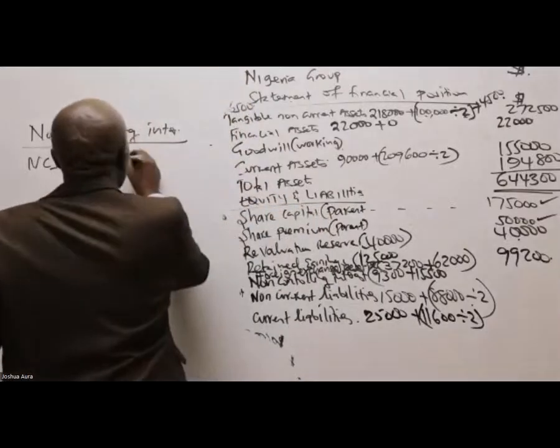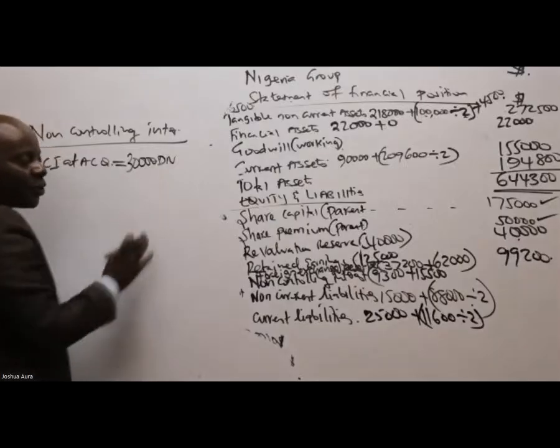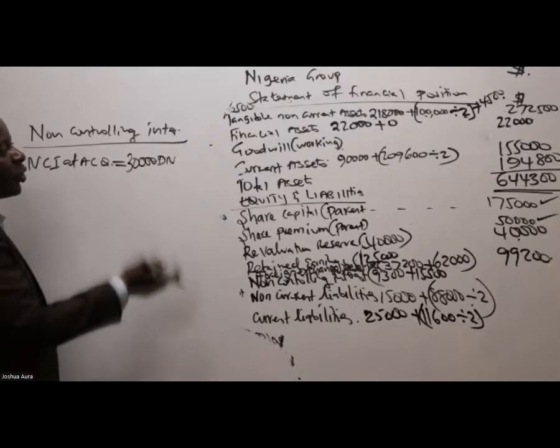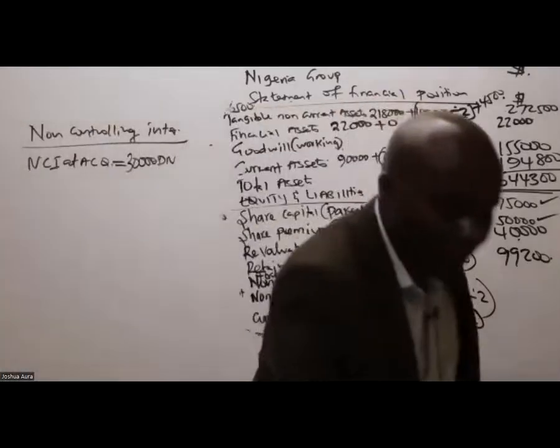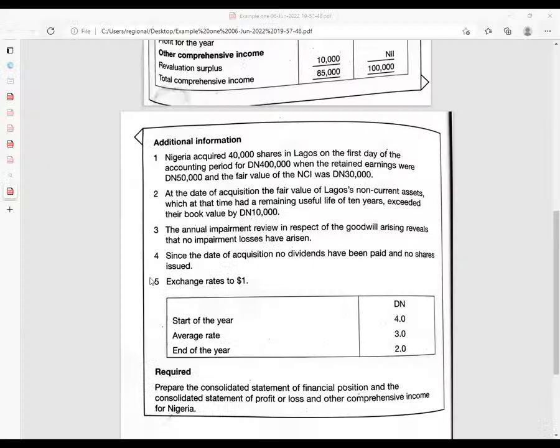But now remember that this 30,000 is in foreign currency, DNs. I need to retranslate this. Of course I know I am dividing. So what should I divide this with, 2 or 4? It can't be the end of the year.